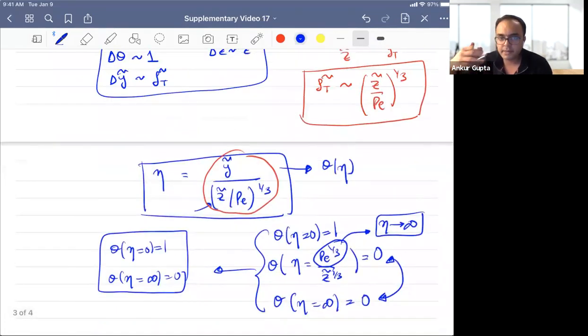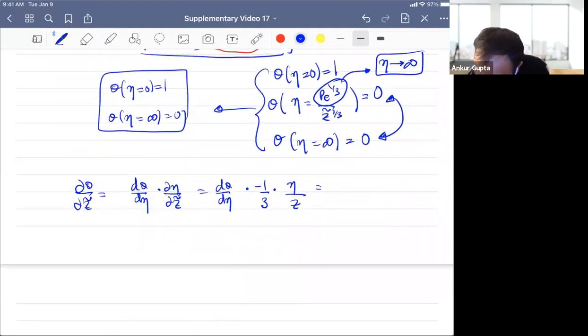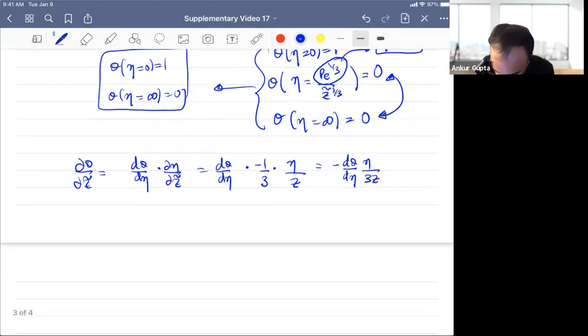You can actually expand it and differentiate by z, but you can verify that this is what you will get. Or I'll write this as d theta by d eta times minus eta by 3z. Okay, you can verify this.